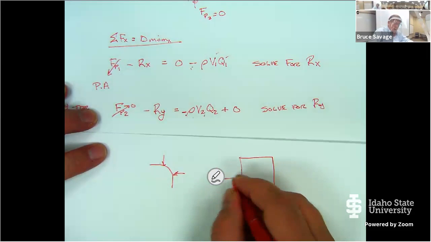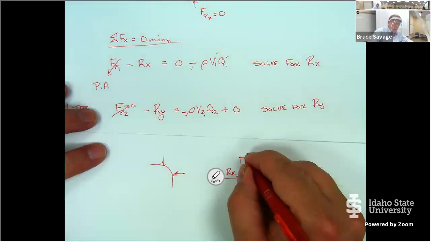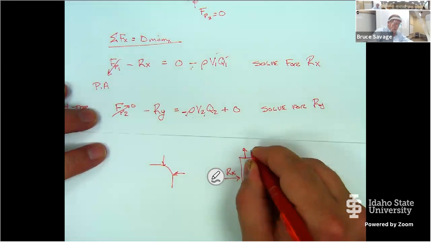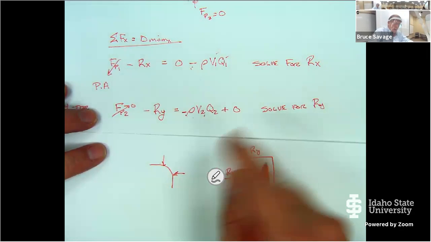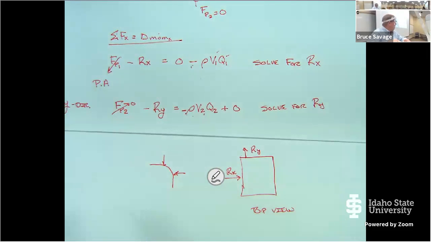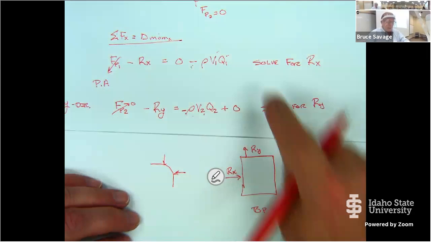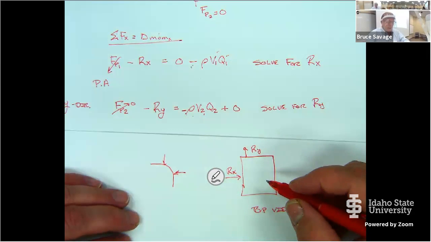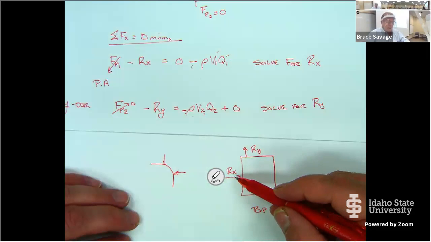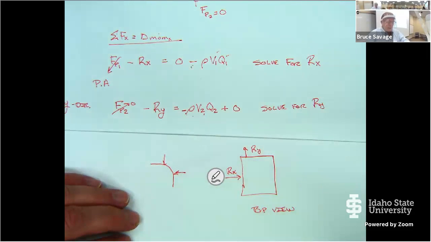I have now Rx, and I have Ry, assuming that my directions came out correctly. And I'm pretty sure that that is correct, okay? But these aren't going to flip. And so the elbow wants to move the concrete to the right and up, all right?